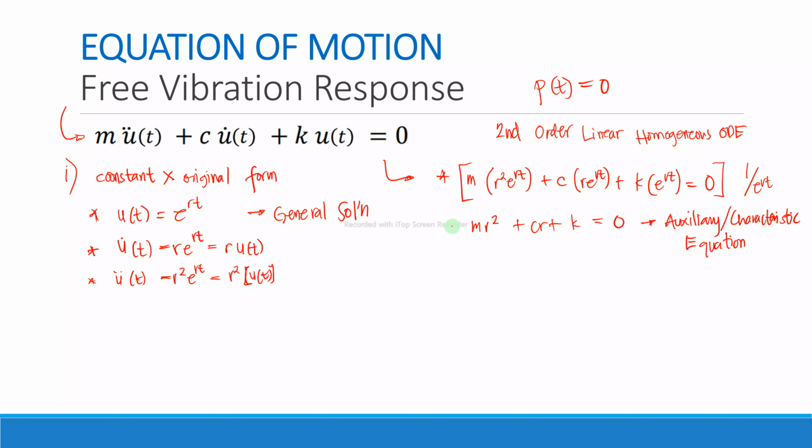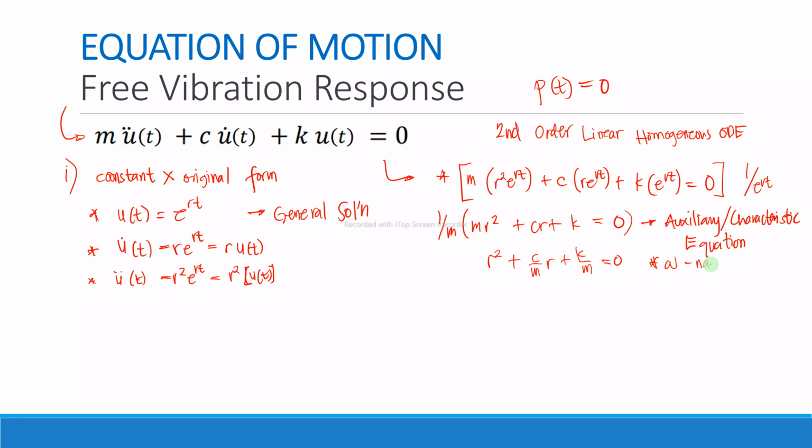Now if we divide the whole equation by m, or multiply it by 1 over m, we have r squared plus c over m r plus k over m is equal to 0. Now, we introduce a variable, omega. What is omega?